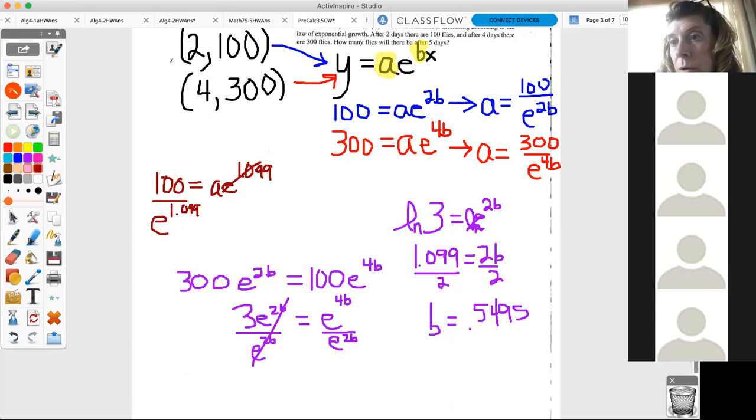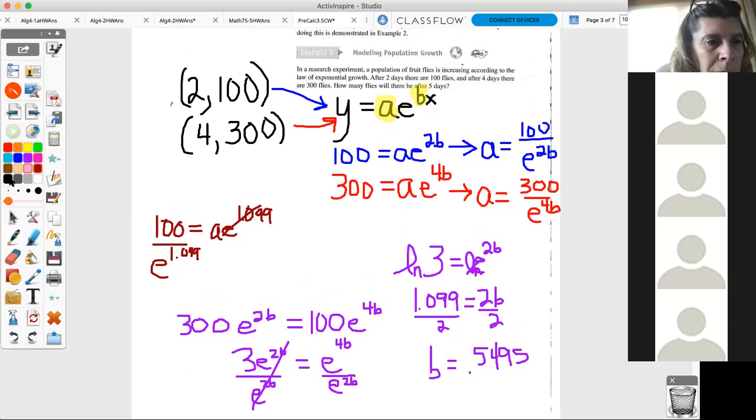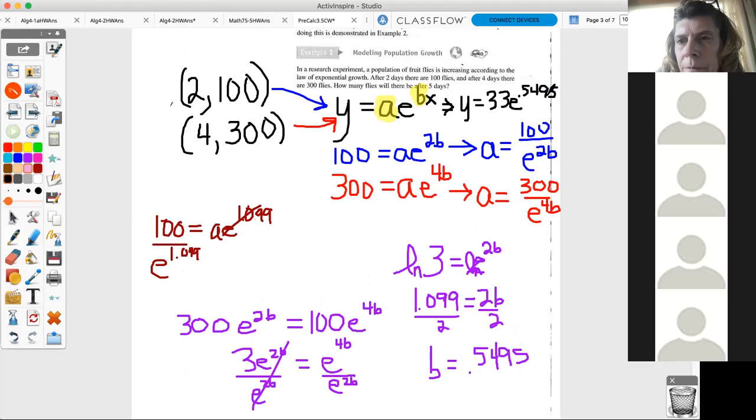Okay, now, here's what we can do. We can go back up here to this equation, and we can write it in with our values. We have 33 here, and we have 0.5495 t, right? x, sorry, x.